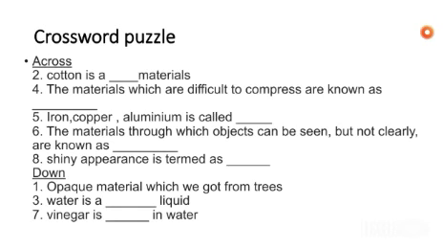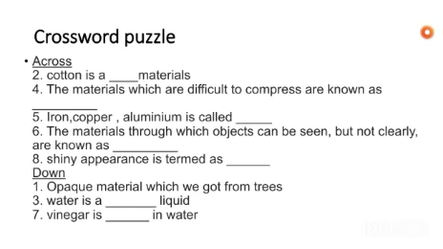Think. The next across, fifth number, question is iron, copper, aluminium. What type of things are there? What type of substance are these? So think of an answer. Next is, the materials through which objects can be seen but not clearly are known as dash. In the property of transparency, we learned this, children.